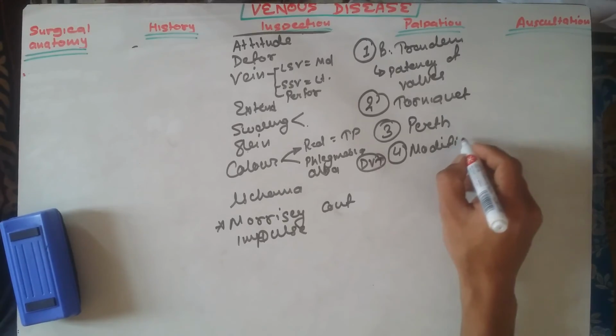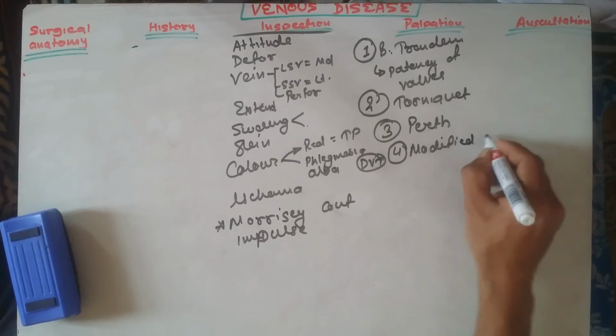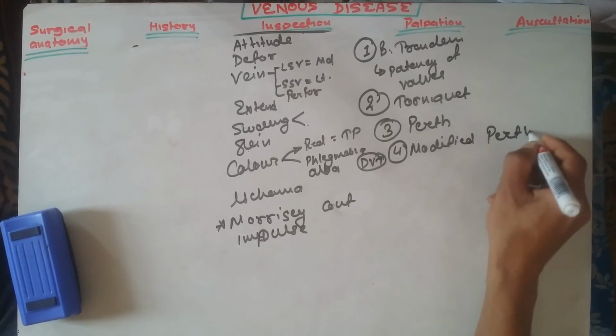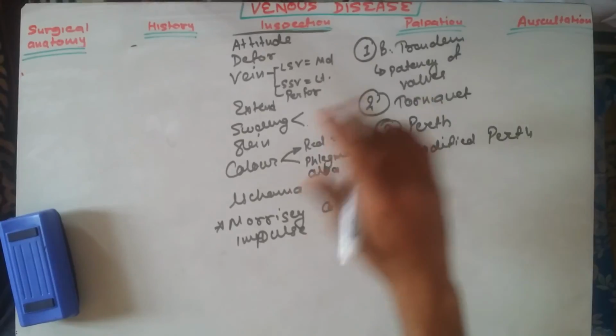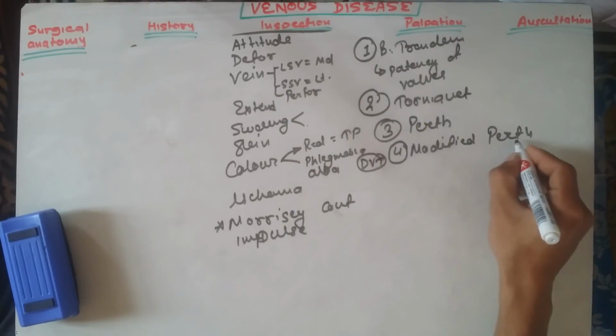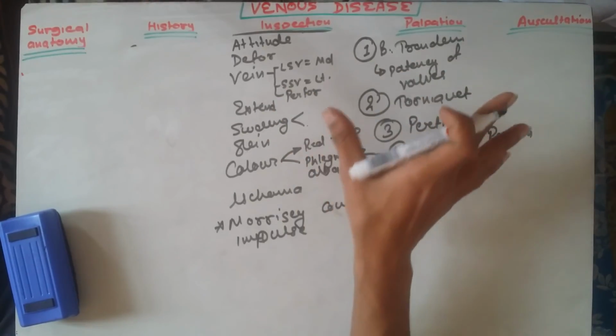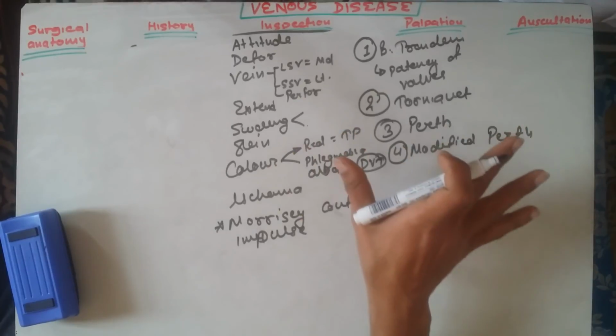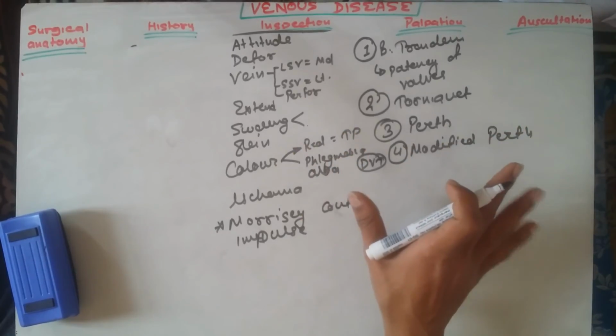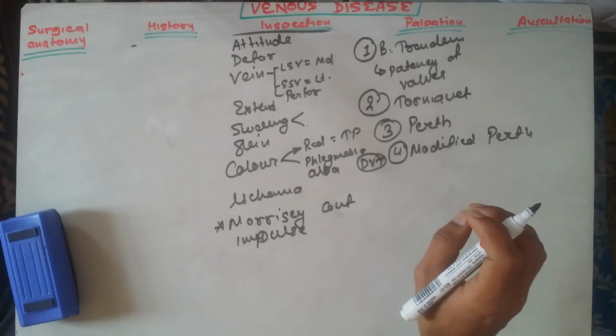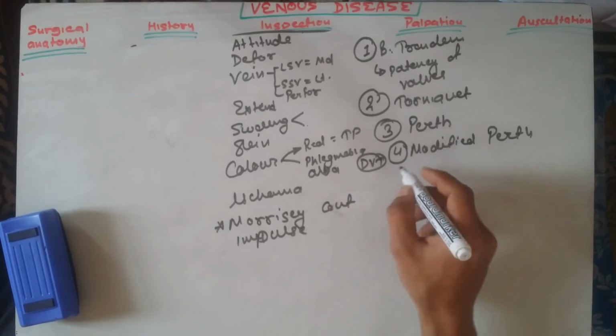In the Perthes test, we bandaged the whole leg from the toe to the groin, whereas in the modified Perthes test we apply the tourniquet just at the saphenofemoral junction but without any elevation of the leg, and we ask the patient to walk quickly.